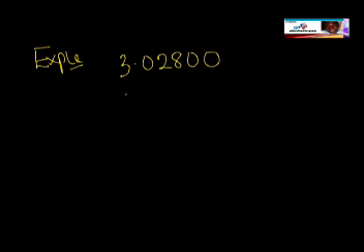Now this is the same as 3.028, because these other zeros come after a closed domain. Remember I told you a domain is a digit between 0 and 9. So any number that is between 0 and 9 forms a domain. Now I said any 0 that comes after a domain boundary is not significant. So these zeros come after, so they are not significant.